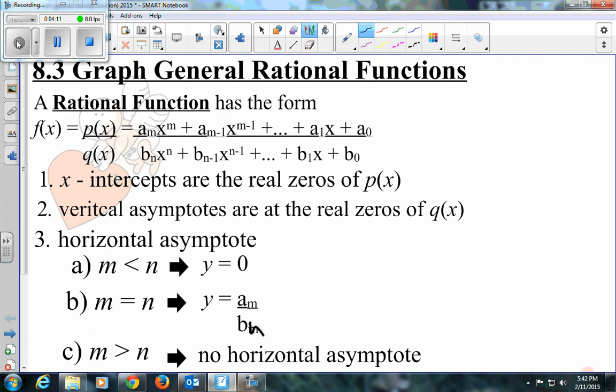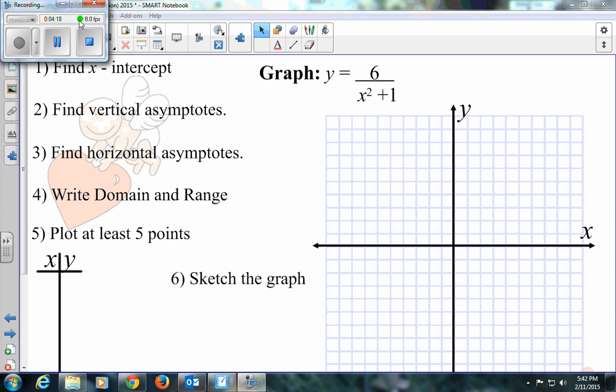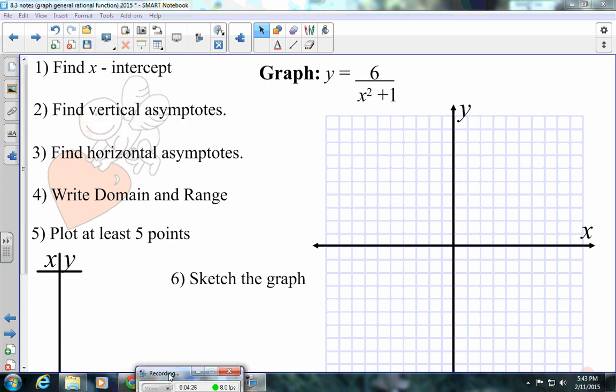So let's try, we're going to try three graphs. So we are going to move this forward here. We are going to graph y equals 6 over x squared plus 1.